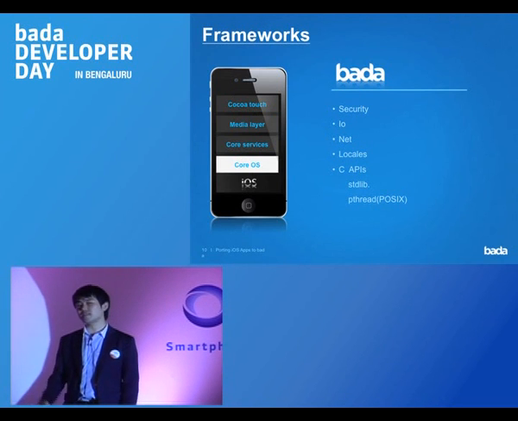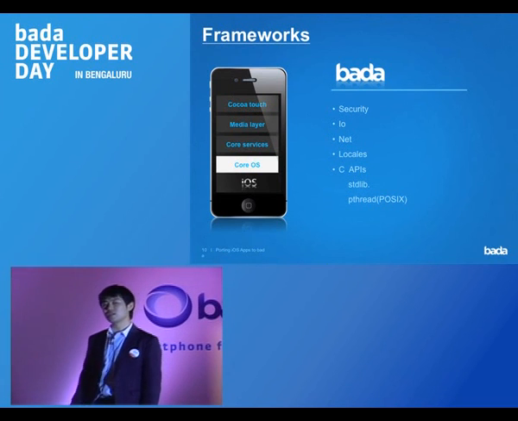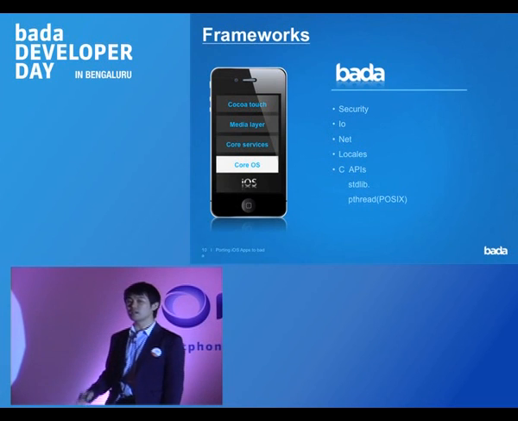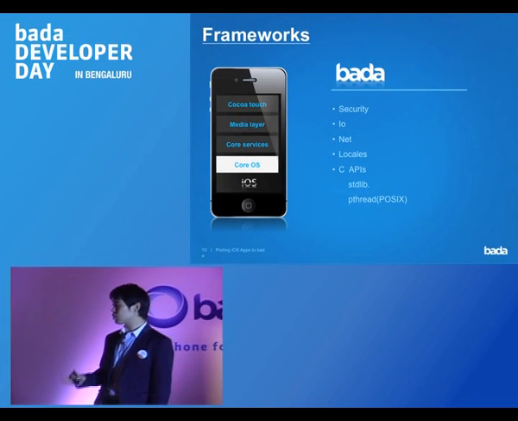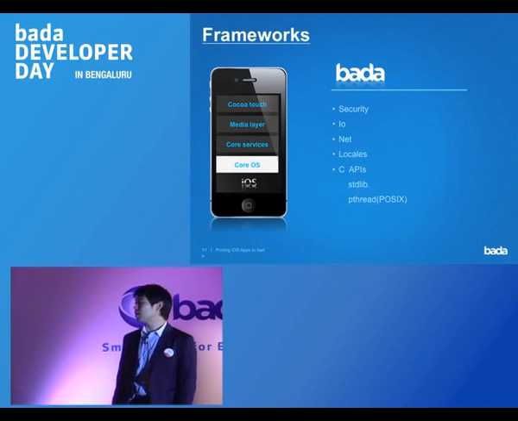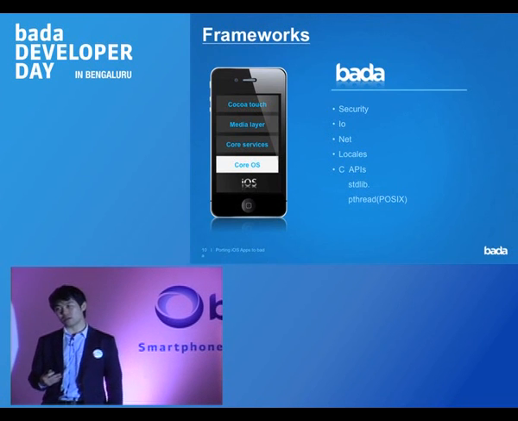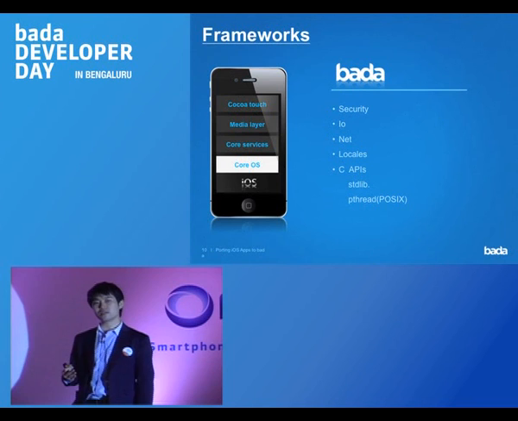Like Core OS, which handles the very low-level APIs of iOS, we have the namespaces for security and I/O, like accessing files, and network, like socket connections, and locales for checking the format, currencies and strings.